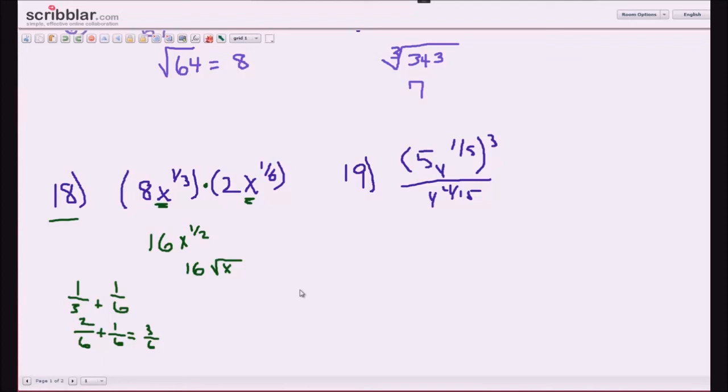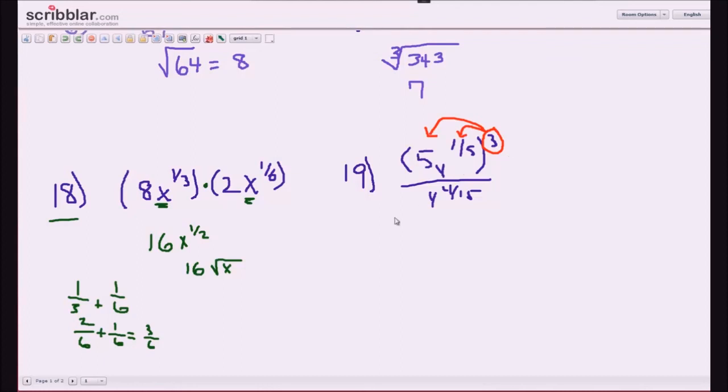Alright, look at that ugly mess of the next one. Let's see what's going on over here. On top we have this 3 exponent on the outside here. That's going to go into both. And the reason why it's going to go into both is there's no addition or subtraction there. That makes it a little different if there's addition or subtraction.